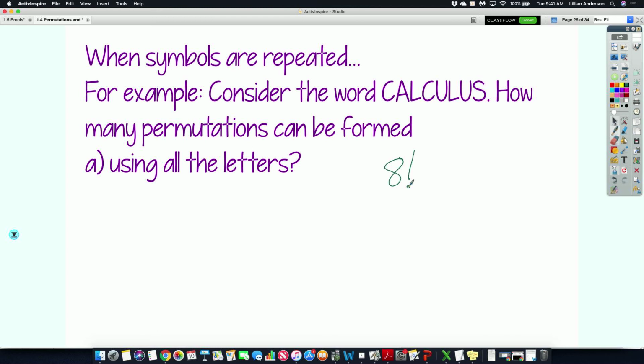So you have to take that into consideration and then divide the number of different ways that you can arrange those 8 letters, taking into account you have 2 C's, 2 L's, 2 U's, 1 A, and 1 S. Somebody figure that out for me.